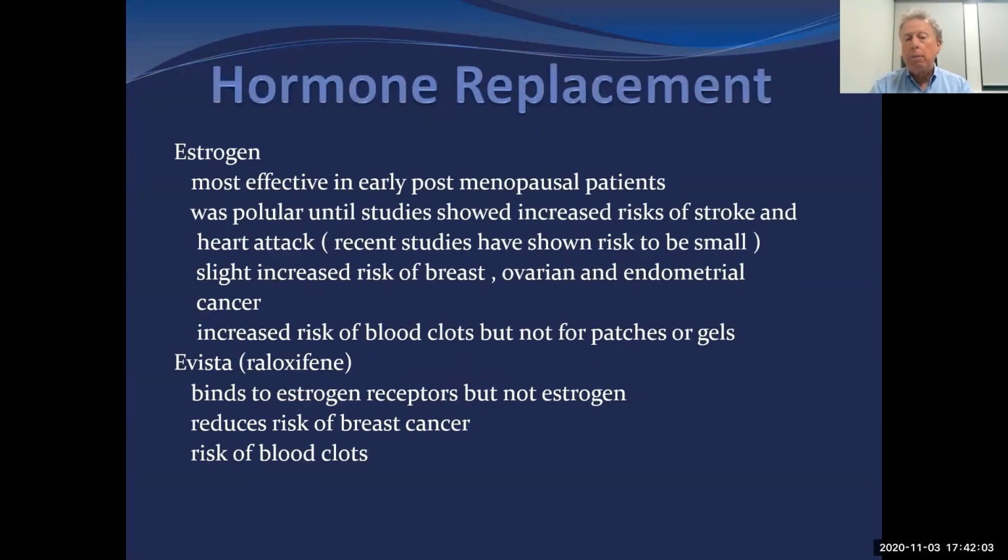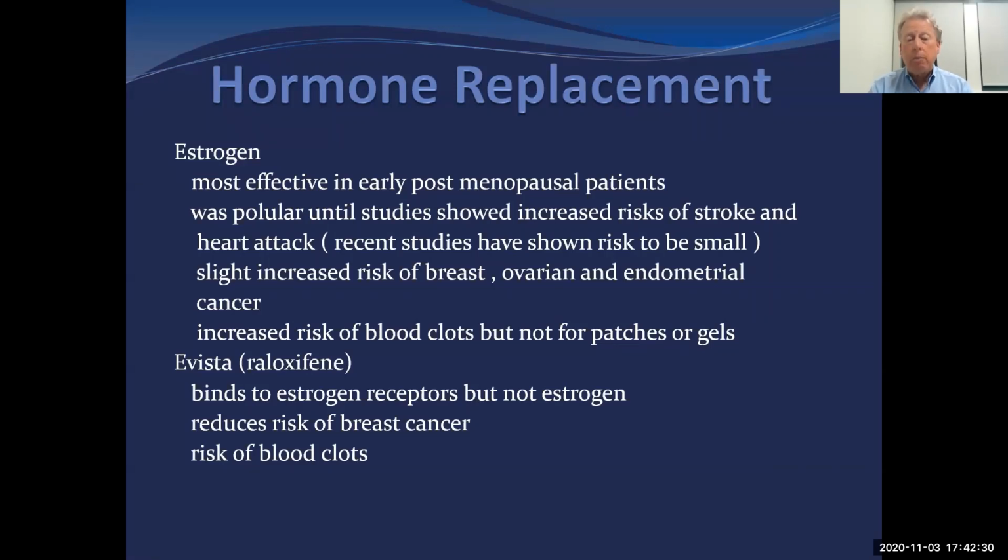What about hormone replacement? Because we talked about the fact that as we go through menopause, estrogens start to decline, because that's the definition of menopause. There was at one point along the way, people were taking estrogen replacements to prevent menopause, or at least moderate it as people went through early menopause.